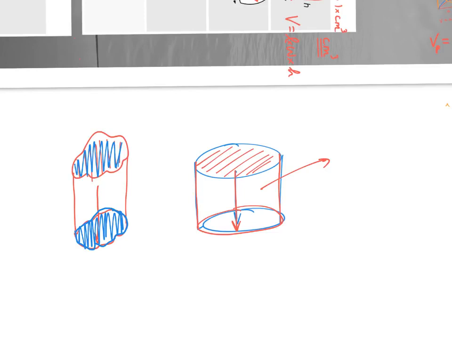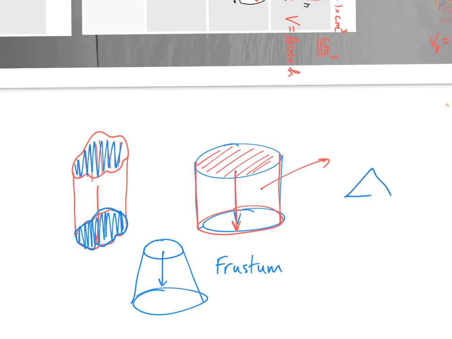So you can't have something that starts off here, pushes downward, and then somehow gets bigger. That's not called a prism, that's called a frustum. Being a prism is always about having a shape, pushing it down, and the same shape appears at the end.